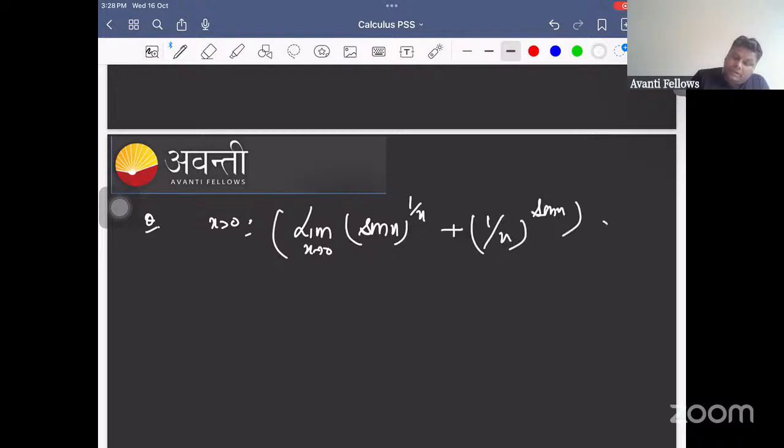Yes, how to do? Limit x approaches to 0, sin x to the power 1 by x plus 1 by x to the power sin x. Right? This is 0 to the power infinite or infinite to the power 0 form it is.